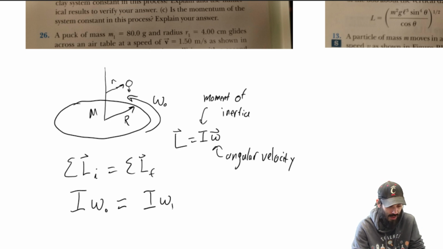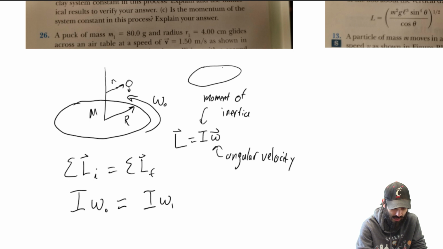And the mass is going to stick here. So in the second state, this mass is now stuck to this, and this is going to be rotating with this angular velocity, omega 1. Okay. So when we have a point particle, we can consider the moment of inertia of it about the point of rotation to be mr squared.